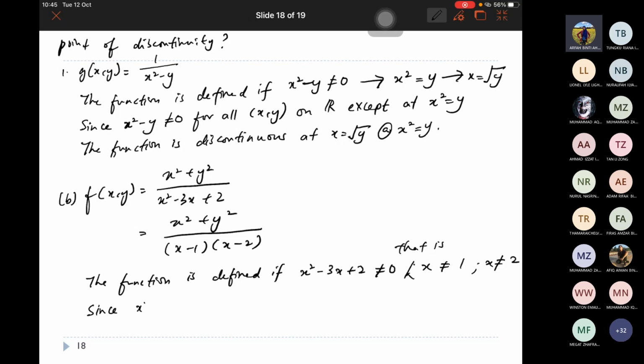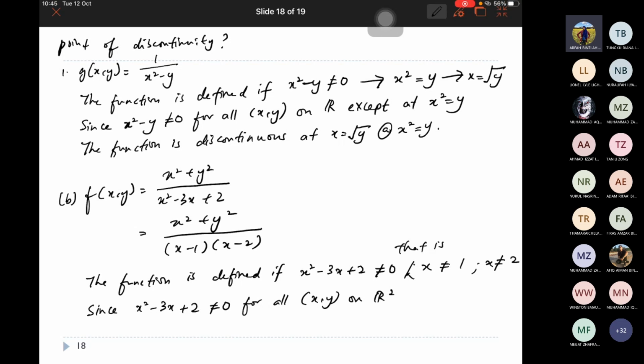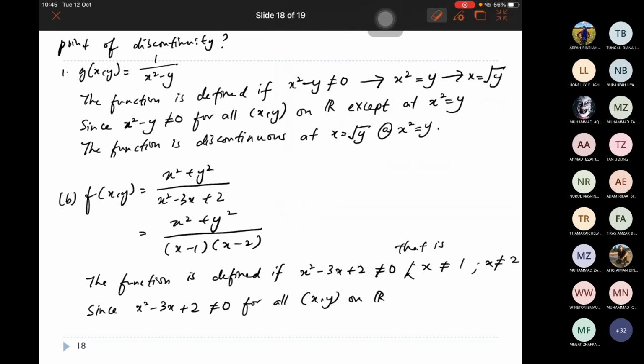So, since x squared minus 3x plus 2 does not equal to 0 for all x and y on real number except when x equal to 1 and x equal to 2.